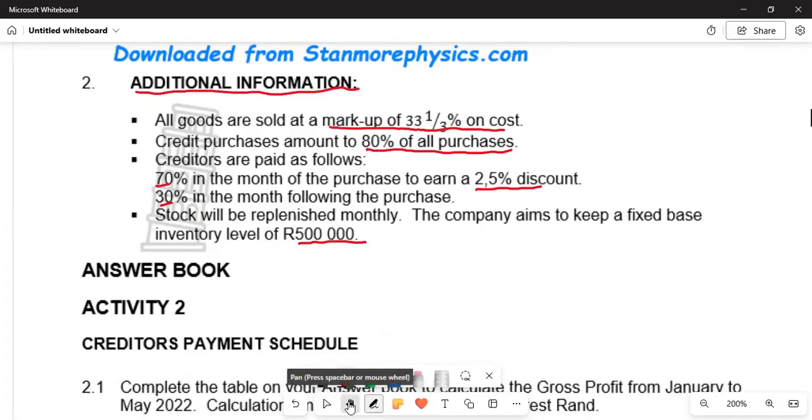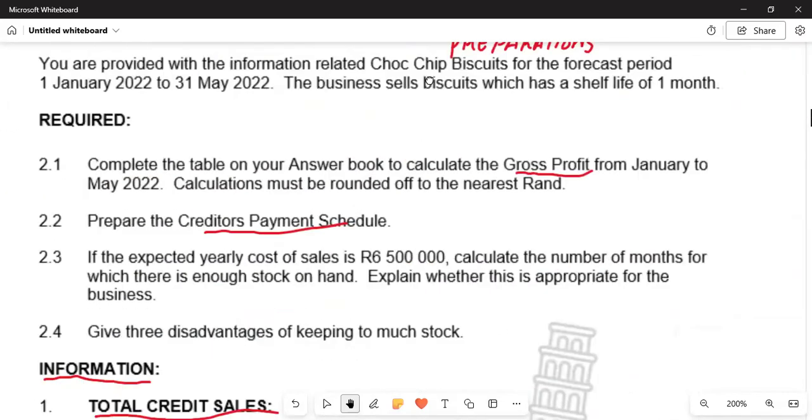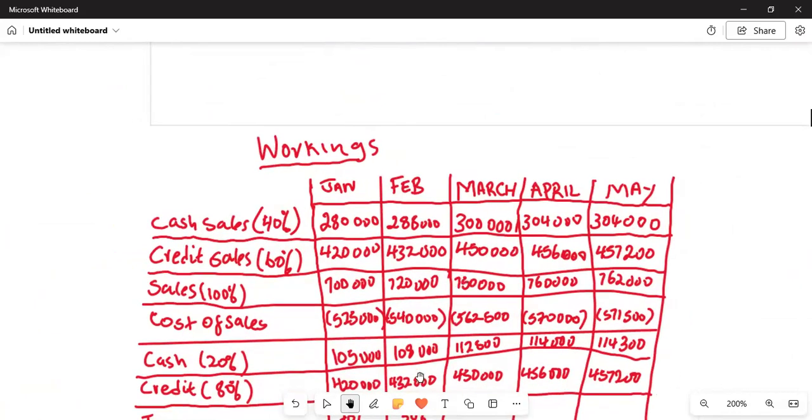So without wasting time, let's quickly go to workings and do the calculations of what we are given. Here we are under our workings. As we can see now, we have cash sales of 280,000 from January, February 288,800, 300,000, 304,000, 304,000.